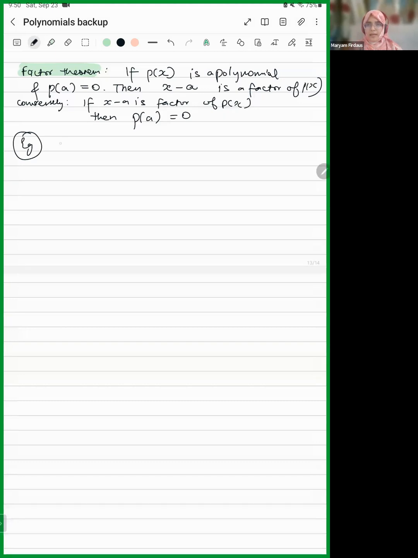Okay. So we saw x square minus 1. Let's try x square minus 4. So if your P of x is x square minus 4, and you have to check whether x plus 2 is a factor of P of x.